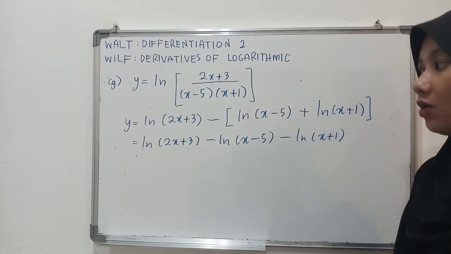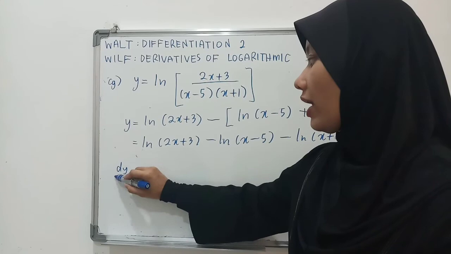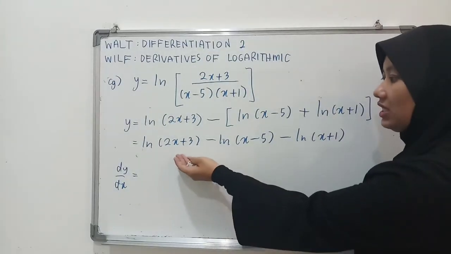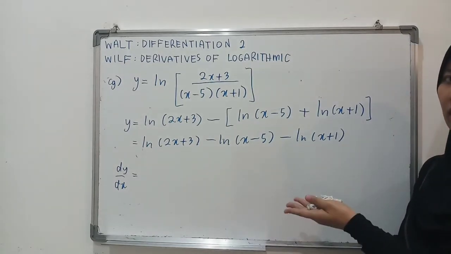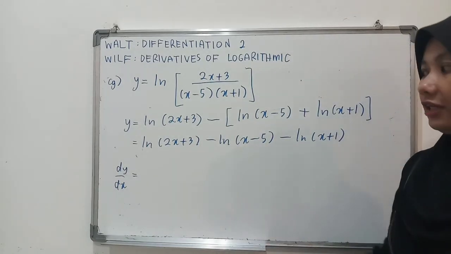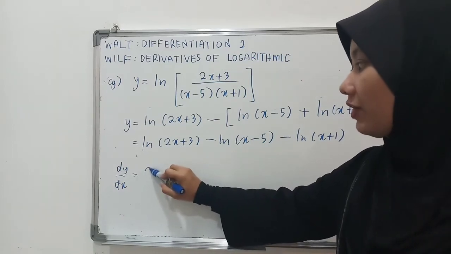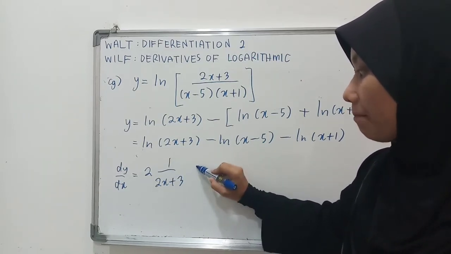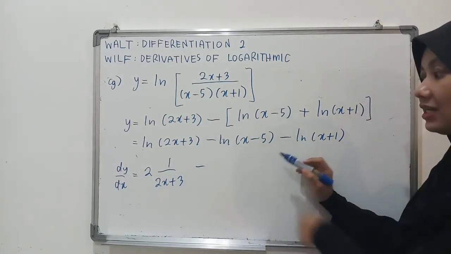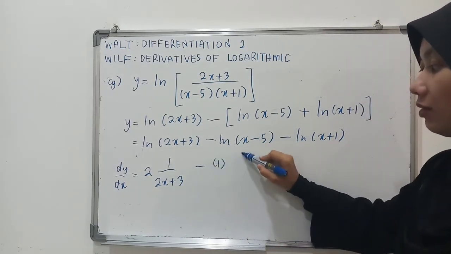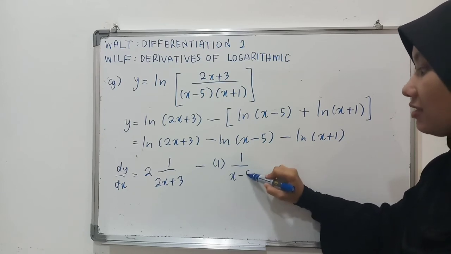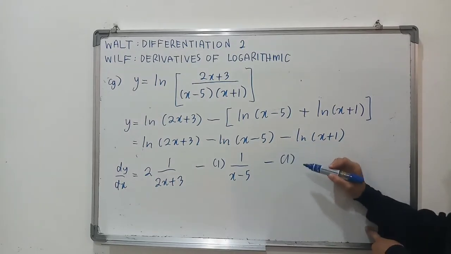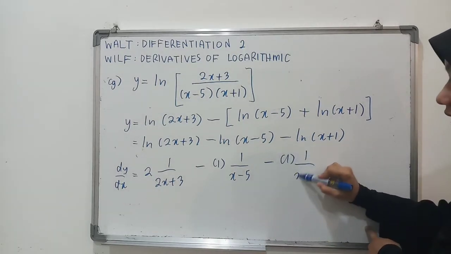Okay, so now the question asks us to find dy over dx. So how do we differentiate? Again, this is very easy. Differentiate one by one. Not hard at all. Differentiate 2x plus 3, put in front 2, and then take 1 over 2x plus 3, minus, differentiate x minus 5, so it's just 1 over x minus 5, minus, differentiate that, you just get 1, and then 1 over x plus 1.